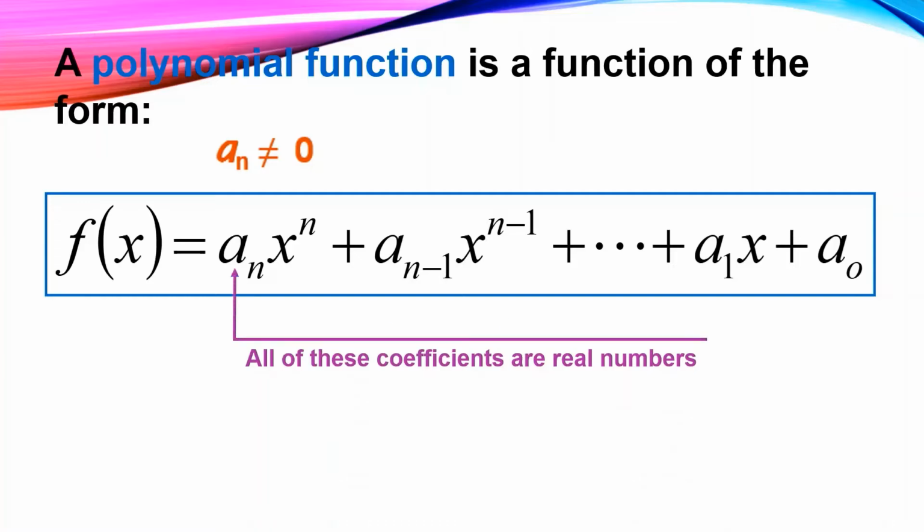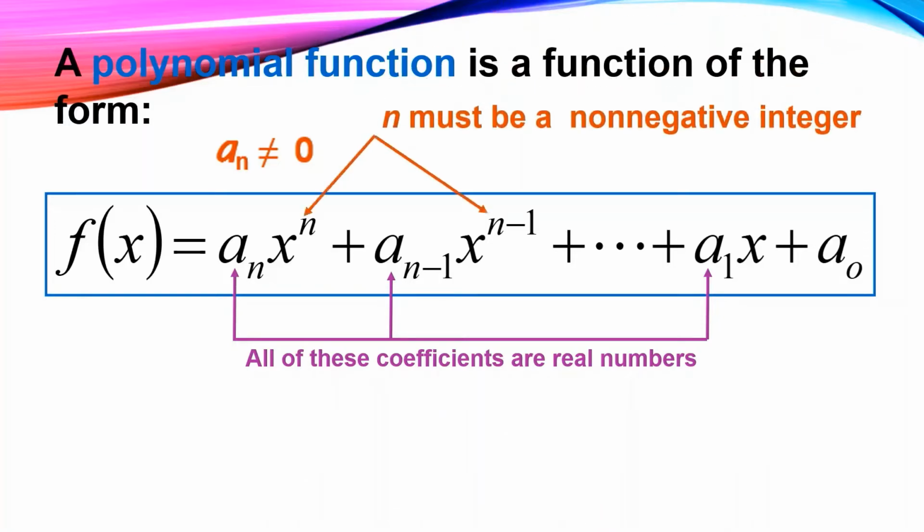What else? All of these coefficients are real numbers. A sub n minus 1, and a sub 1 should be real numbers. And all the exponents, or n, must be non-negative integers. So what do we mean by non-negative integers?